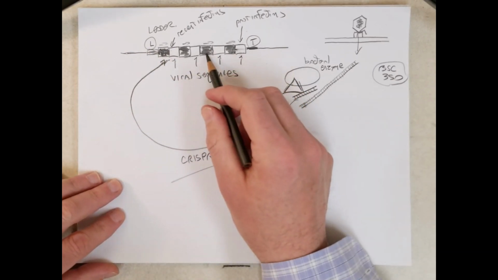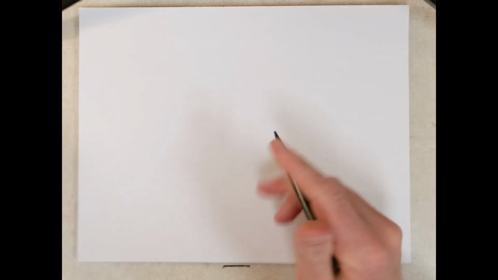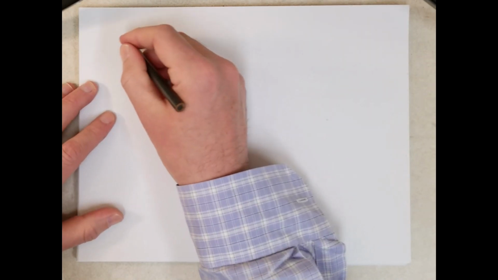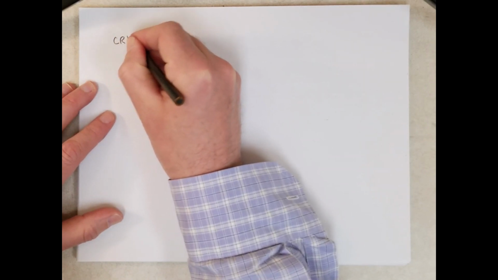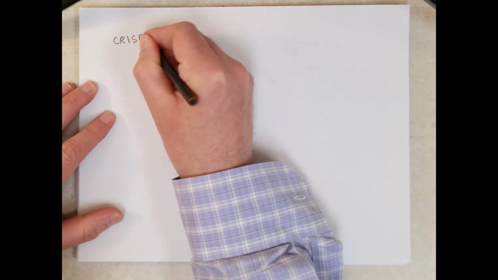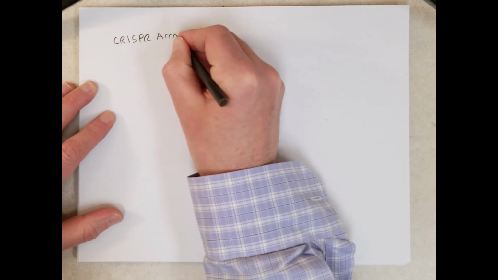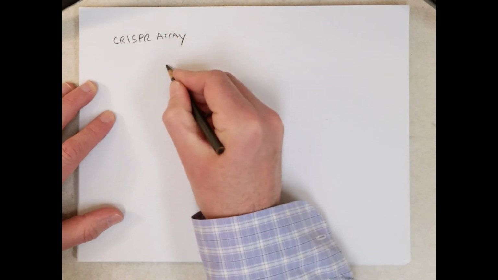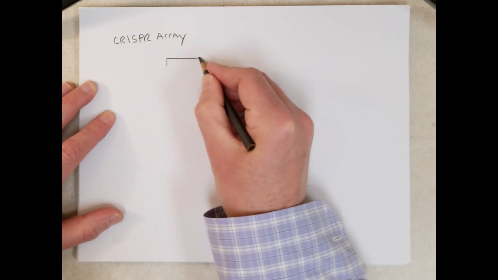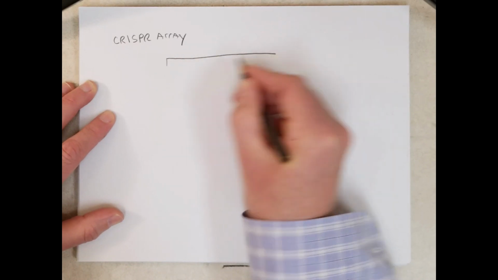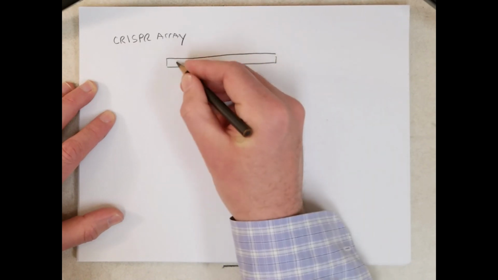Okay, so what good is this memory? So it turns out that the CRISPR array is transcribed. So let me put the CRISPR array in here again. We'll just do a short CRISPR array. 1, 2, 3, 4, 5, 6, 7, 8, maybe 8 segments.